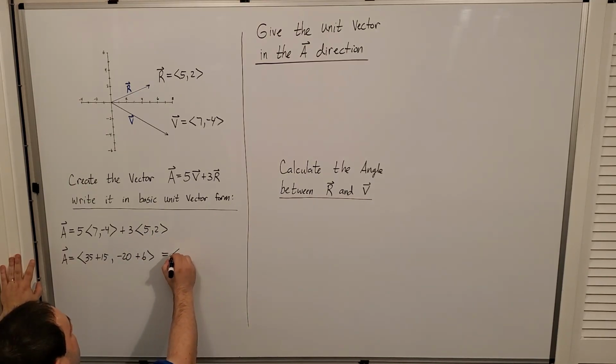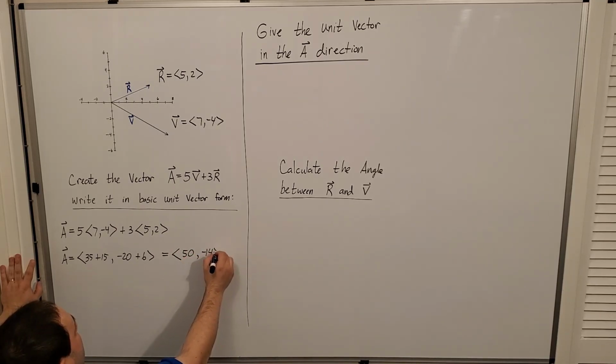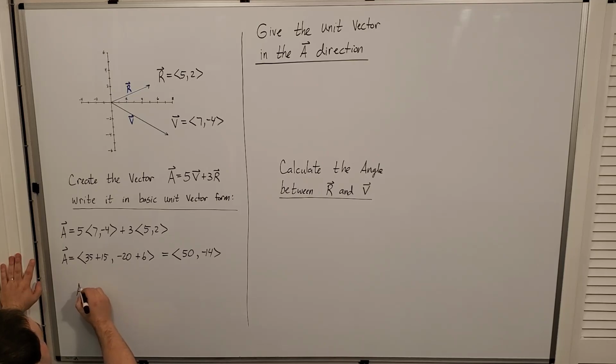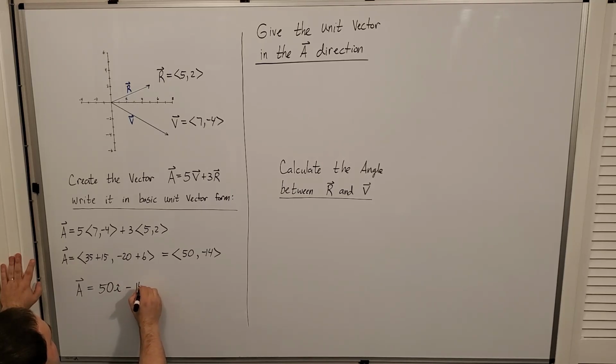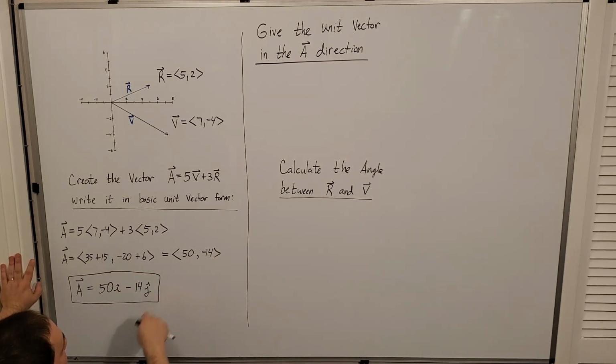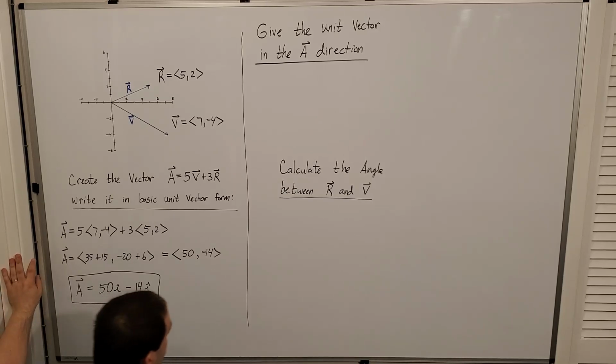The a vector could be represented as the 50, negative 14 pairing like so, but then it asks to write it in basic unit vector form. So then we would say that the a vector is 50i minus 14j. And of course, if you wanted to do it in 3 dimensions, you could also add in either a comma 0 on one of these or plus 0k for the 3rd dimension.